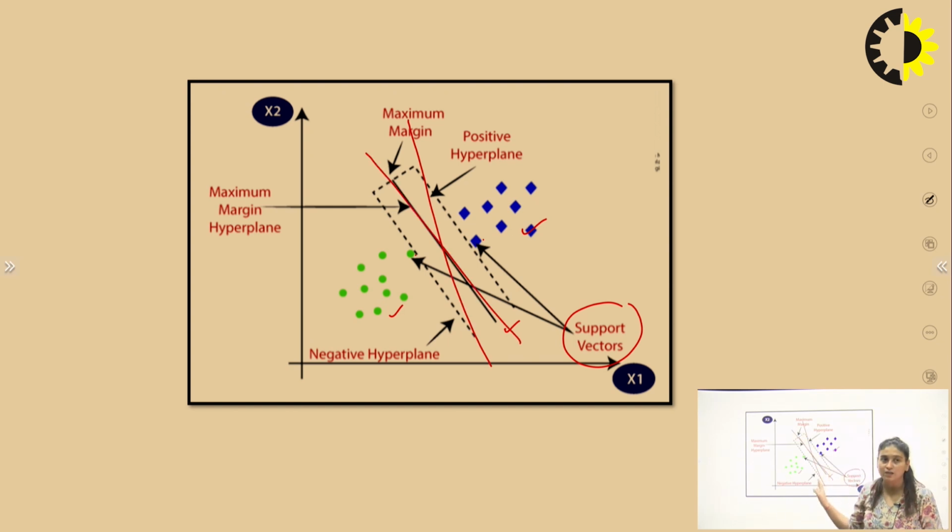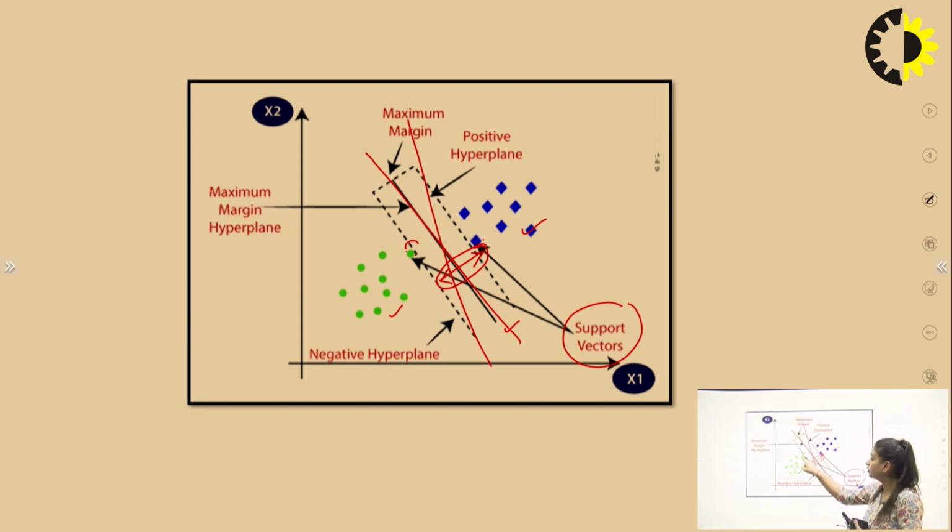There are a number of lines possible between these two classes, green and blue, but we have to choose the margin which is maximum, this distance should be maximum. This is known as maximum margin: we have to take the hyperplane in such a way that this particular distance is maximum.